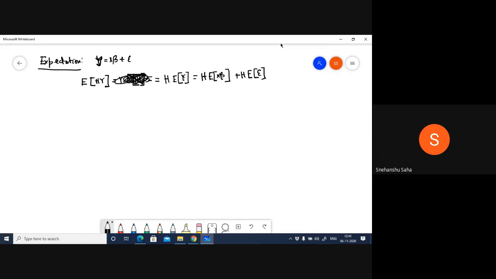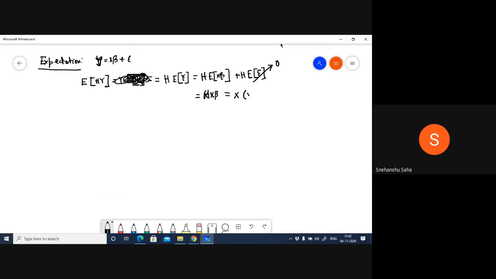Now, what I know is that the errors are normally distributed and therefore the mean is 0. So this term goes away, and what I have is that this is nothing but h of x beta.